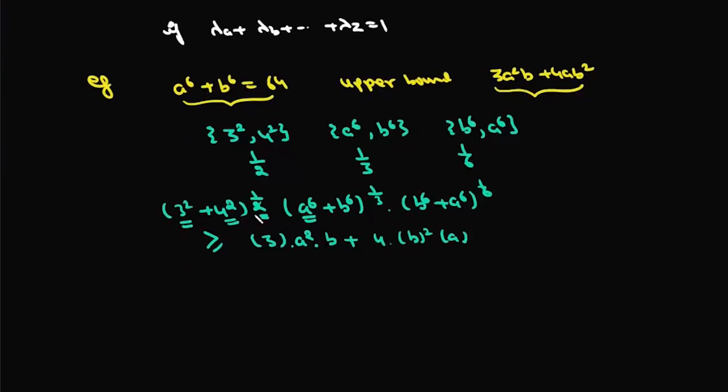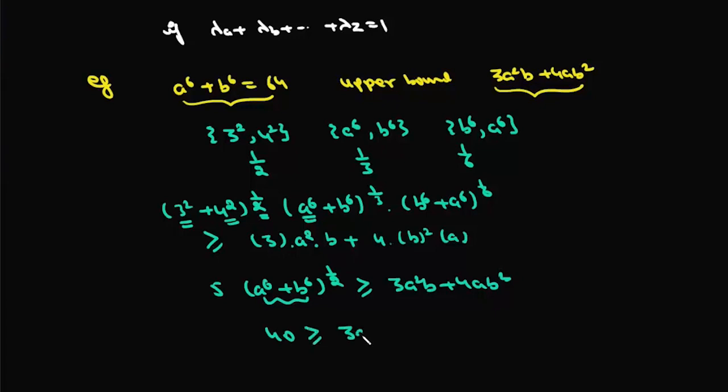Now this is the square root of 25, which is simply 5, and here (a⁶ + b⁶) to the power 1/2 will be greater than or equal to 3a²b + 4ab². Now a⁶ + b⁶ is 64, so this value will be 8. So we can write 40 is always greater than or equal to 3a²b + 4ab².